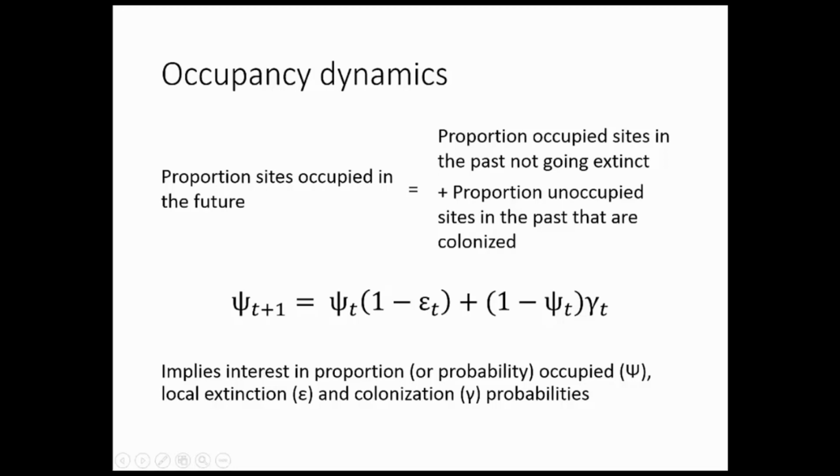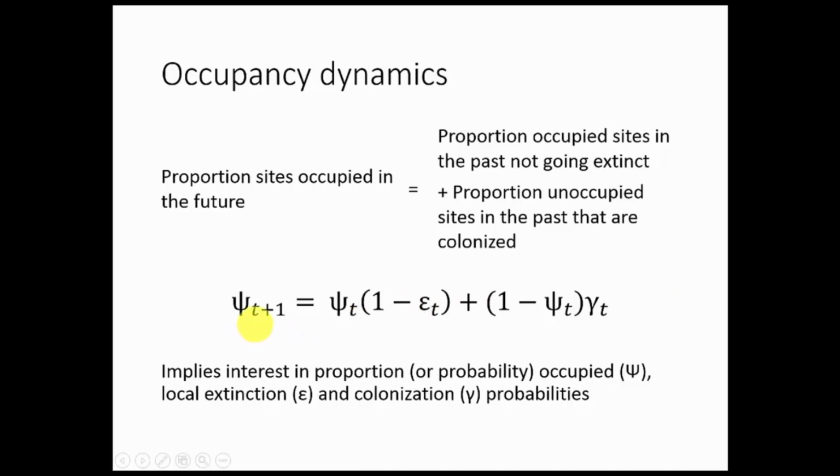So this suggests we're interested in the proportion or probability of site occupancy represented by psi, or the devil's pitchfork, local extinction represented by epsilon, and colonization represented by gamma. So I'll spend a little bit of time with this model because as we move through this course, we'll become adept at representing population dynamics using probabilistic arguments.